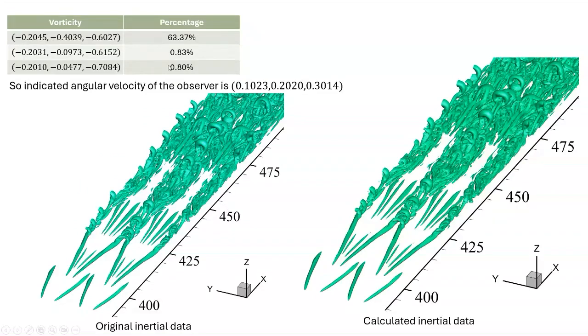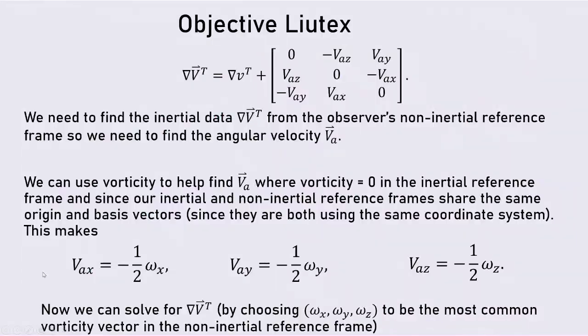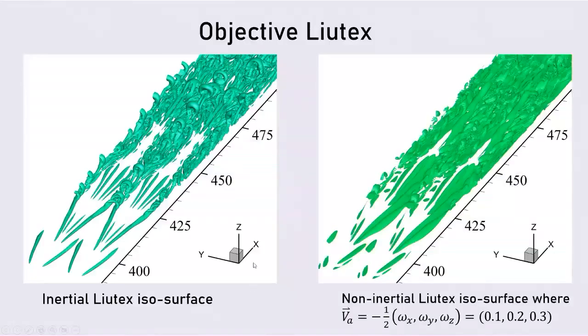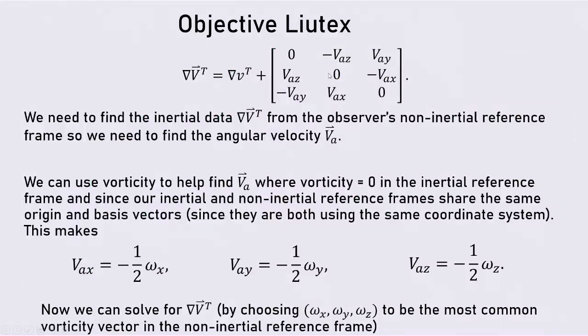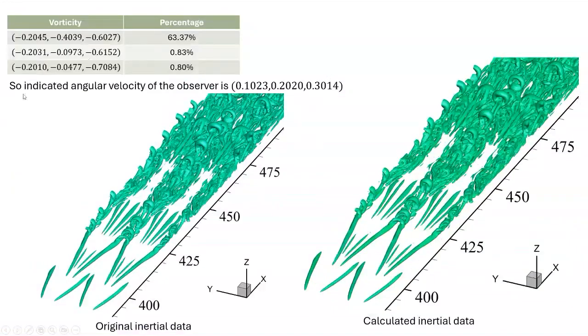Once we do that, we can find the angular velocity, plug it into this equation, and what we get is this: our original Liutex data, and this is the calculated inertial reference frame data. You can see they're very similar to each other.